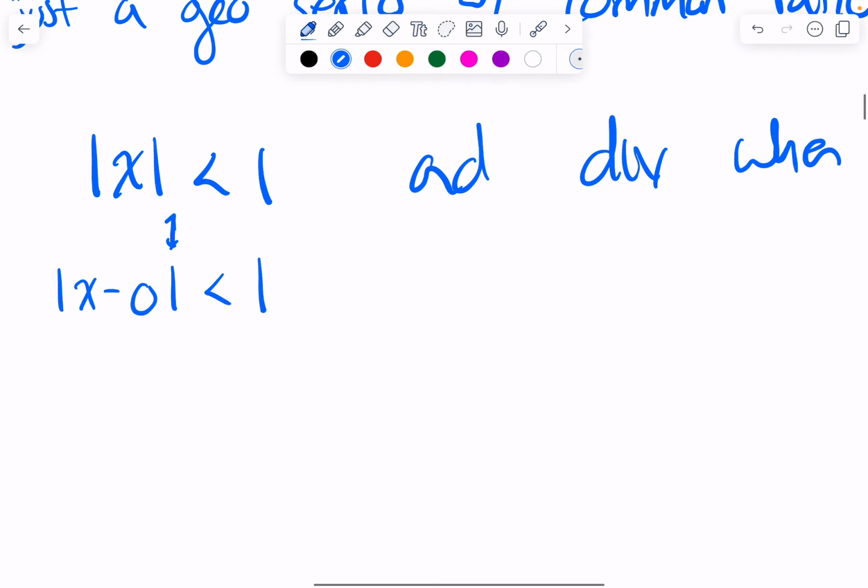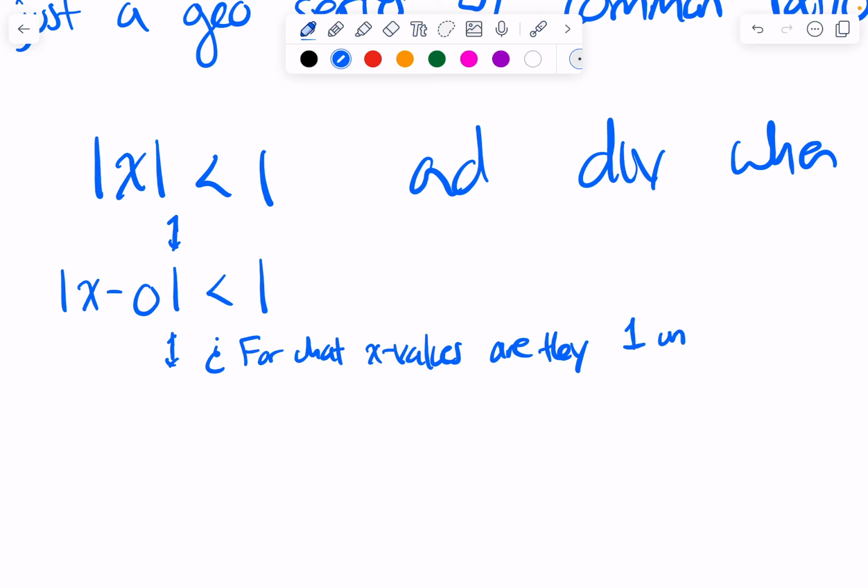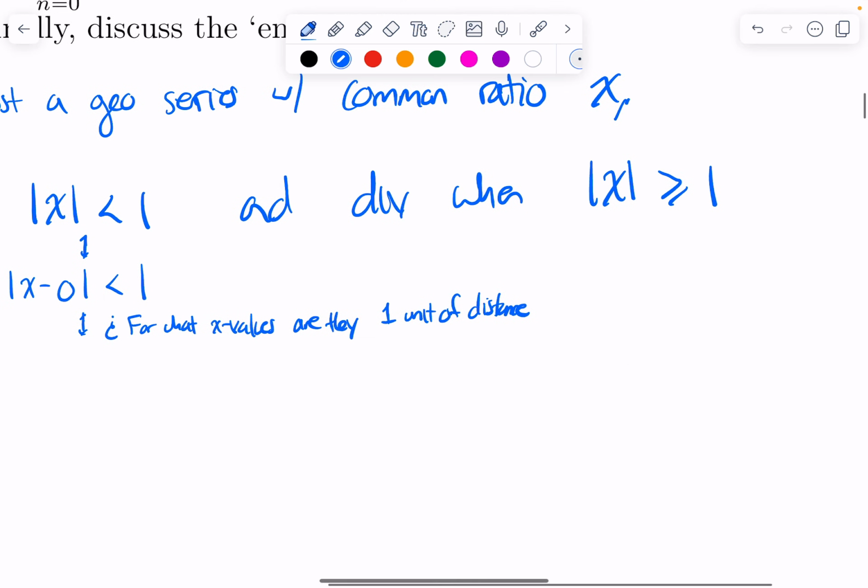And if I borrow my new interpretation, what this means is that I'm asking, for what x values are they 1 unit of distance away from 0. That's what that's asking.